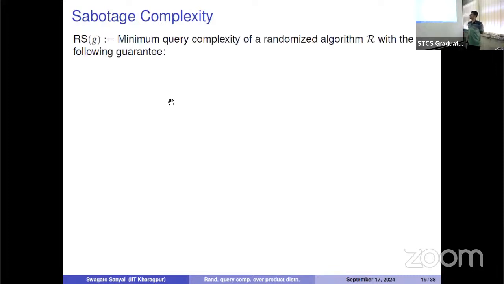Okay. So let me define Samaras complexity measure. So let's say G is a Boolean function. So Rs of G is the minimum query complexity of a randomized decision tree R with the following guarantee.